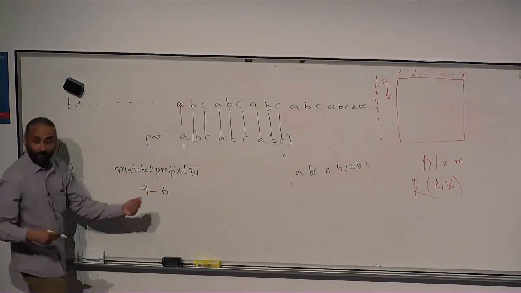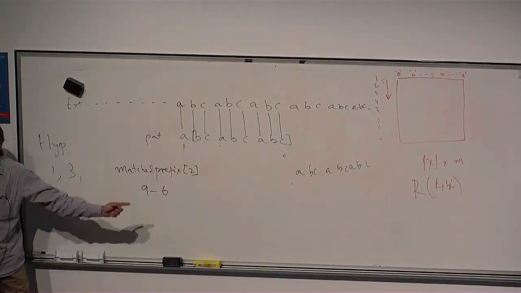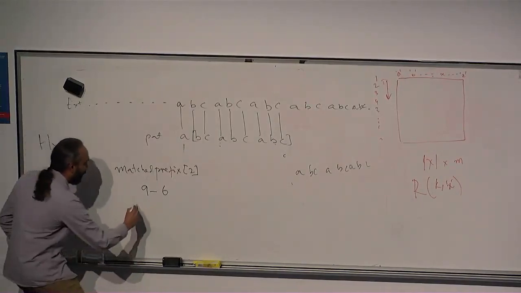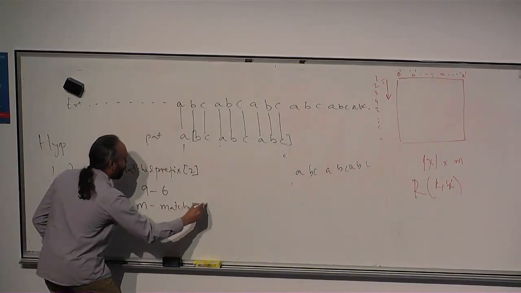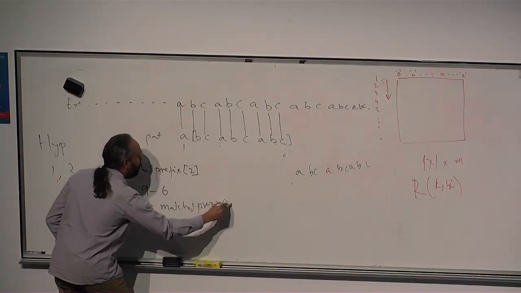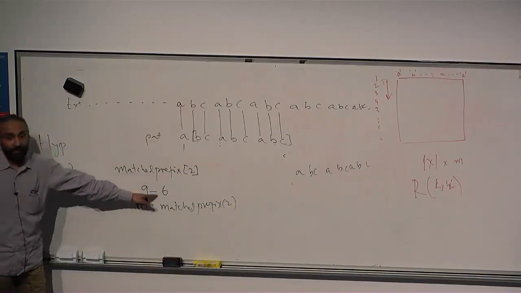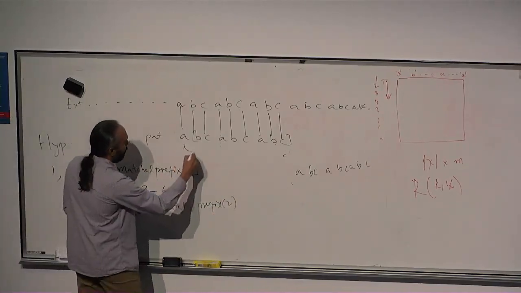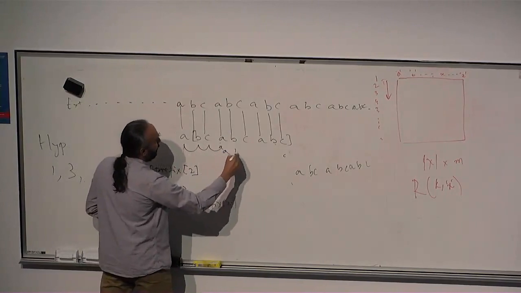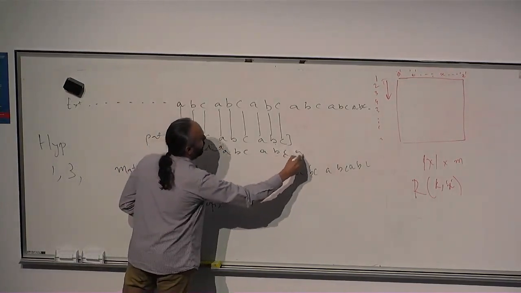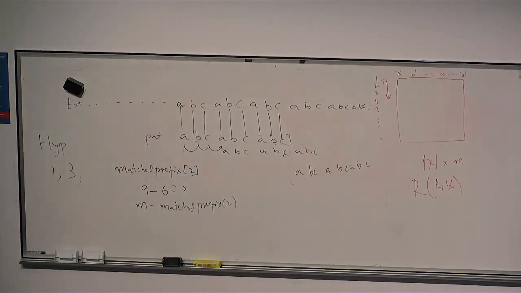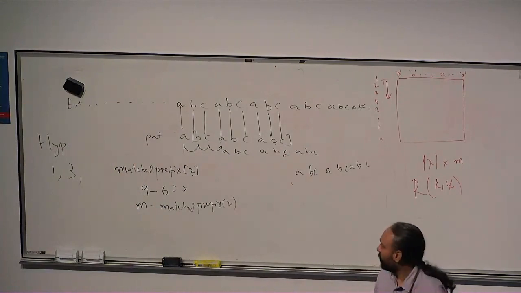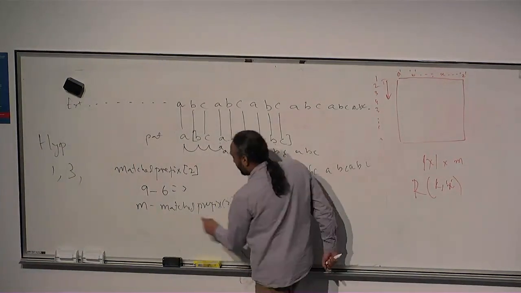If you subtract the matched prefix of 2, which is 6, that is m minus matched prefix of 2, 9 minus 6 is 3. 1, 2, 3, I have ABC, ABC, ABC.